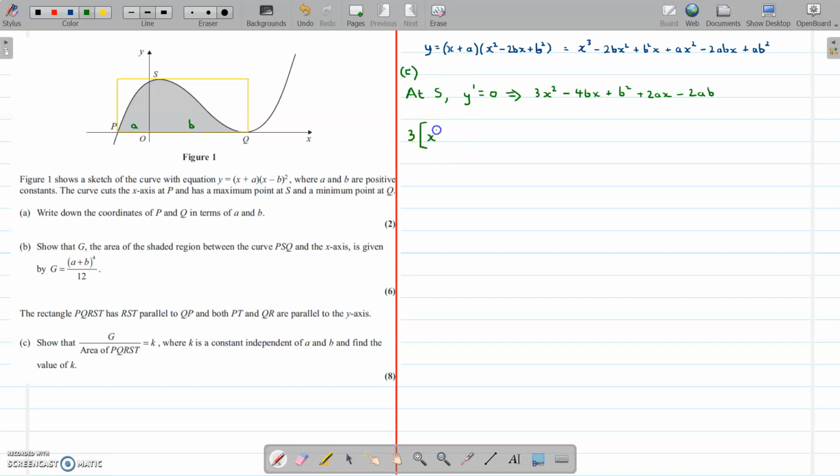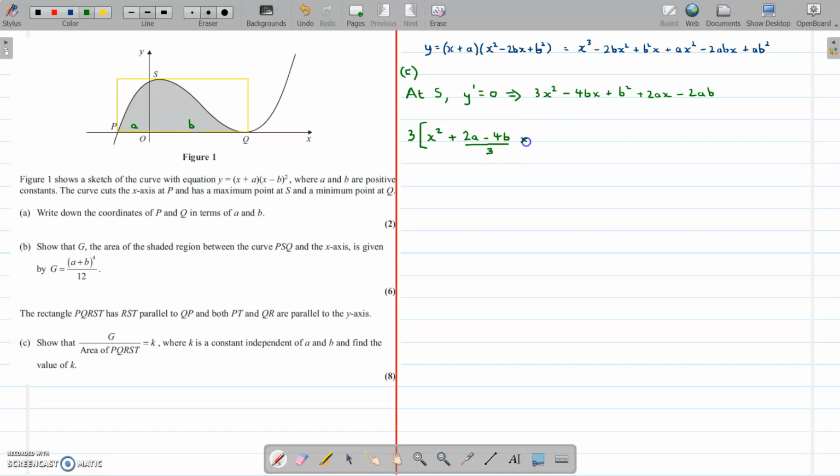So I get x squared, and if I gather together the like terms, there are two x terms there, 2a and 4b minus 4b. So I get 2a minus 4b, and then that needs dividing by 3 because of the factor I've taken out.